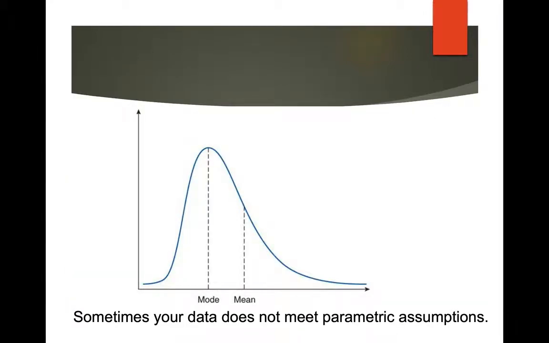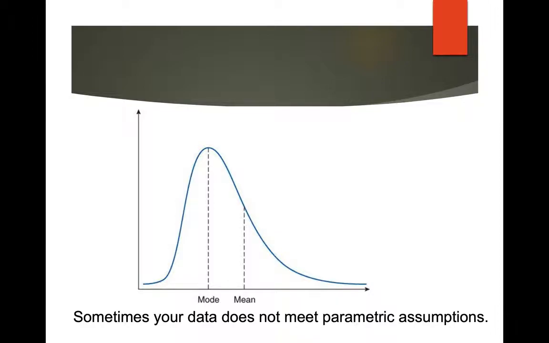In this graph, I show you where a non-normal distribution would suggest that the mean is not in the center of the distribution. If you notice, the tail of this distribution graph is skewed to the right. We say that this is right side skew, meaning that the mean, mode, and median don't appear in the center of the distribution.